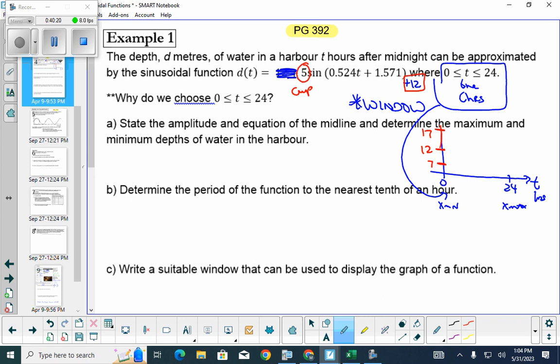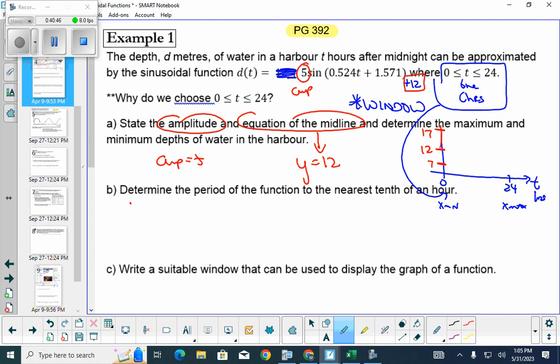The amplitude is 5. The midline is y equals 12, and we can tell that from looking at the question. Now, if you couldn't see that, could you just guess and check y mins and y maxes till you get it to work? Yes.